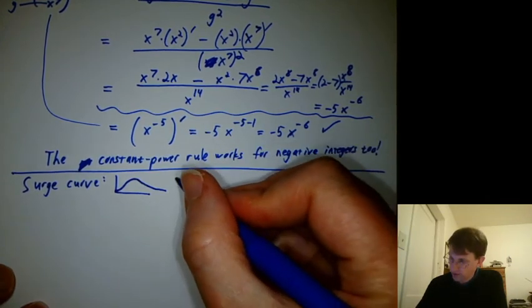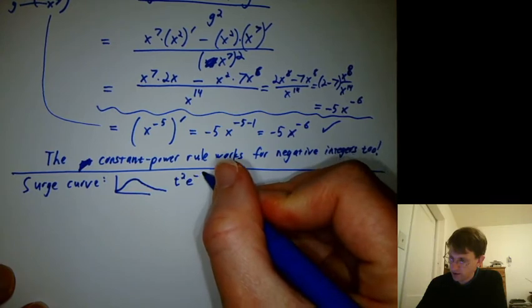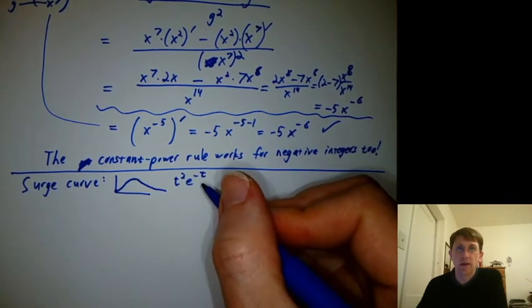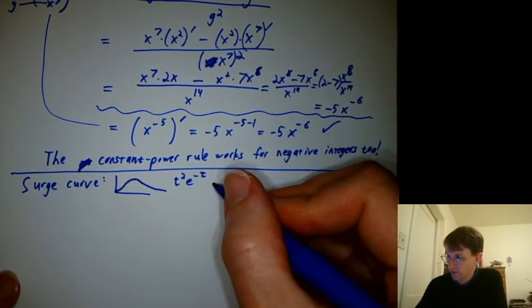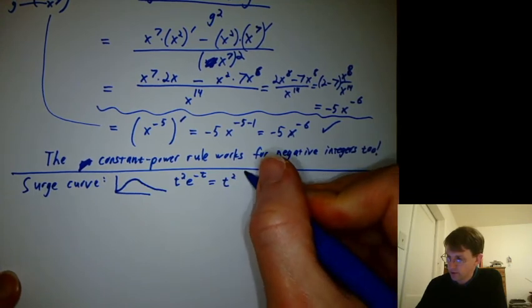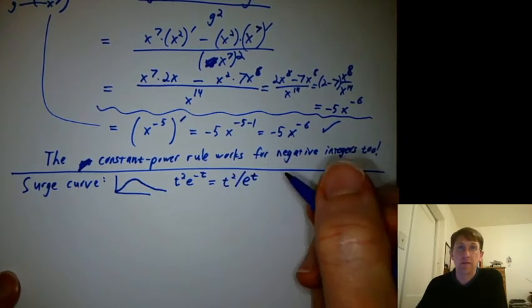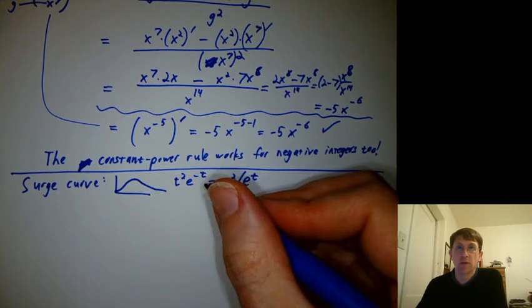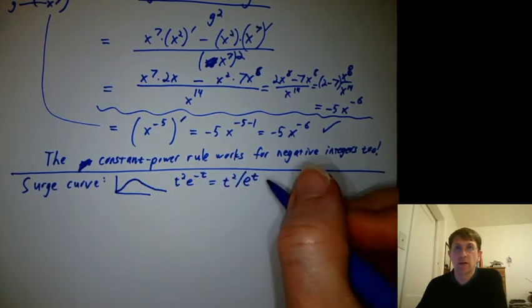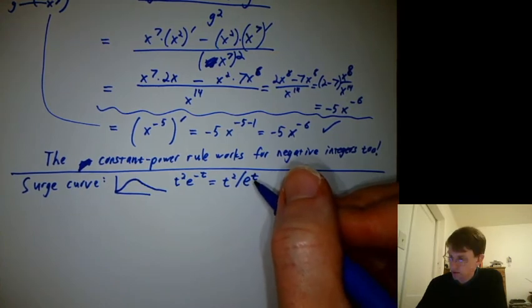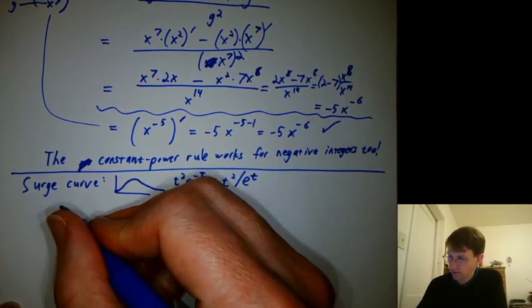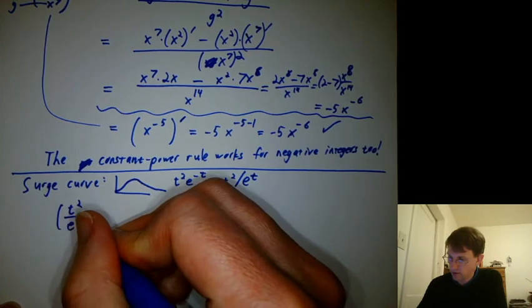And the formula that I gave last time was t squared e to the negative t. We actually don't know how to handle e to the negative t at this point, but we could write it as t squared divided by e to the t, moving a negative exponent term into the denominator and canceling the negative. So now it's a quotient. So go ahead and take the derivative of that, t squared over e to the t.